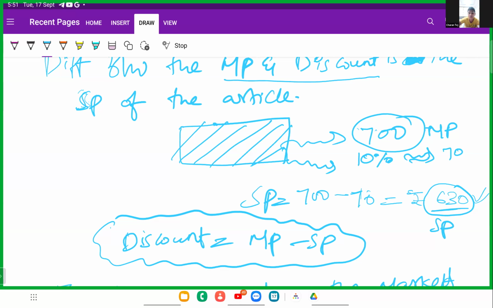Sir, what is the difference between market price and cost price? So cost price is if you purchase a good at factory, how much does it cost to produce the product. Suppose I am preparing a cricket ball.